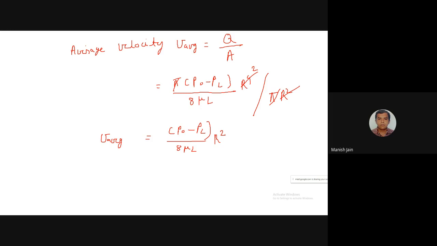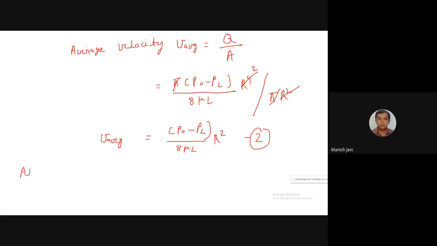Now you know the value of V average, and you know the value of tau w. This is equation number 2. So just substitute the values of tau w and V average from equations 1 and 2 in the original equation and get the value of the friction factor.